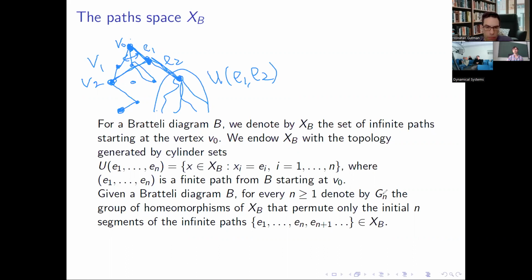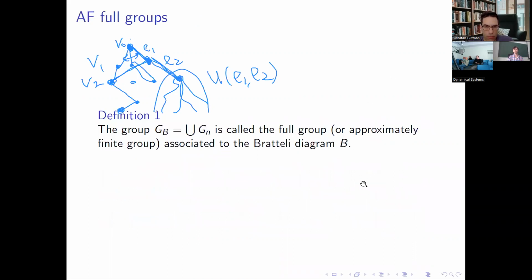So this is a finite group G_n, which is a group of homeomorphisms of the path space X_B. And we denote by G_B the union of these groups.